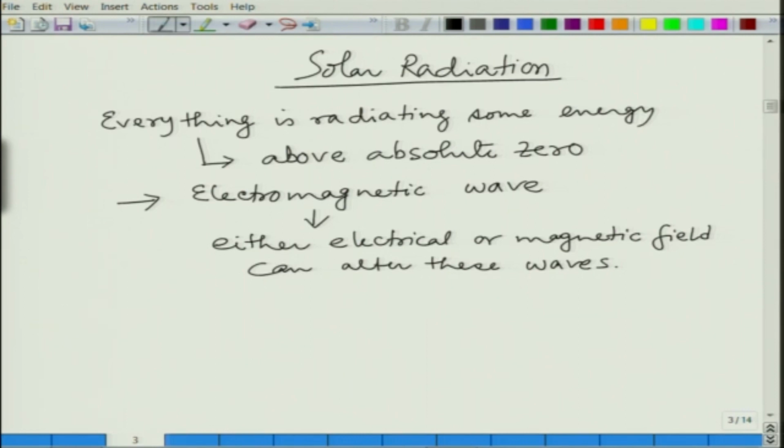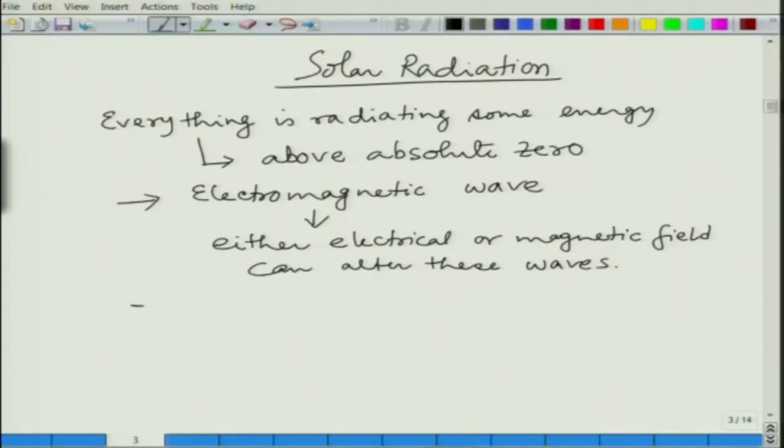Okay. And the very interesting feature of these electromagnetic waves is that it does not need any medium to be carried. It does not need any medium, right.